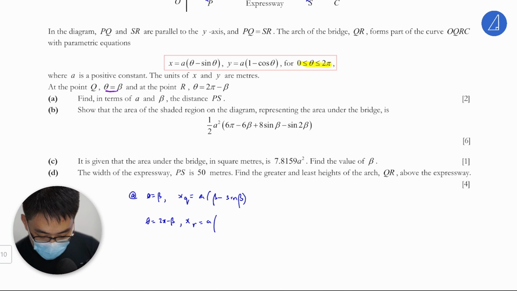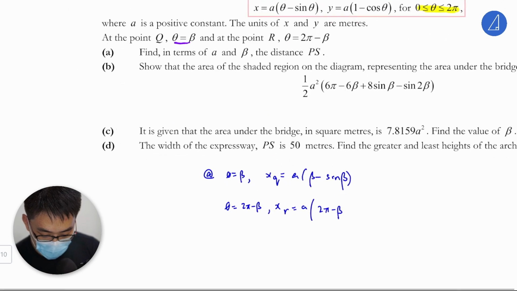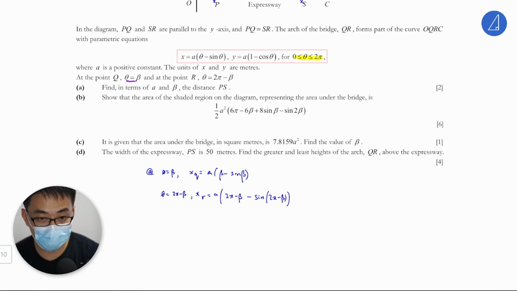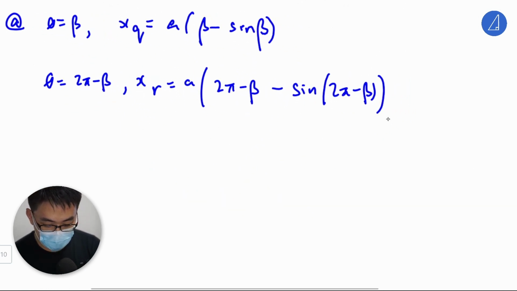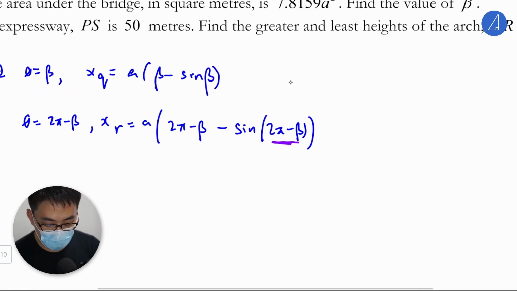Here A is 1. And then, we can simplify this. So this one here is beta. You can either remember that sine(2 pi minus theta) equals negative sine theta.